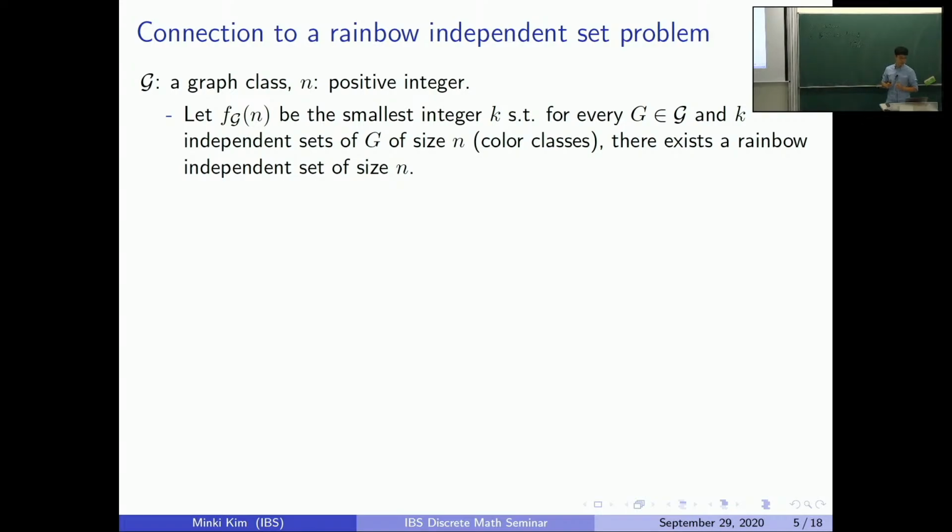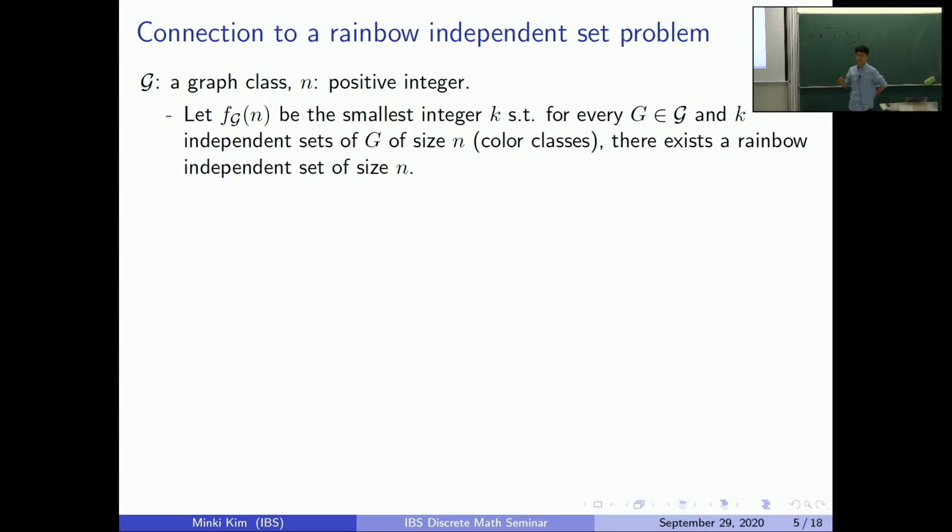So again, let G be a graph class and n a positive integer. Then we define f sub G of n as the smallest integer k such that whenever we take a graph from the class and consider k independent sets of size n from this graph G, and those will be the color classes, then we should find a rainbow independent set of size n.